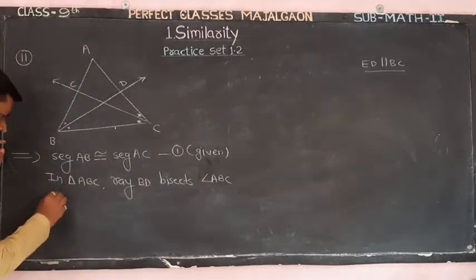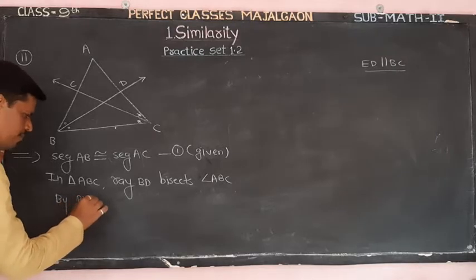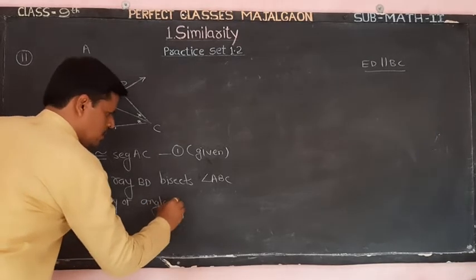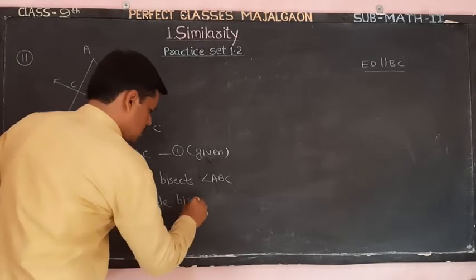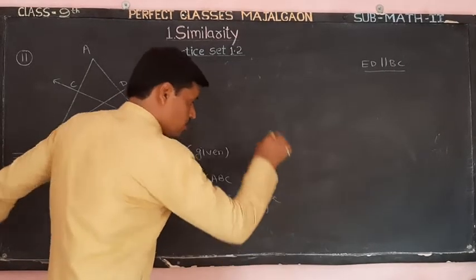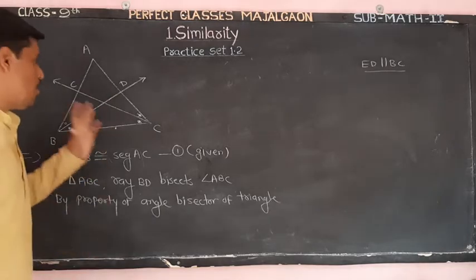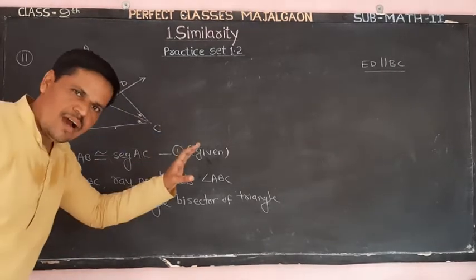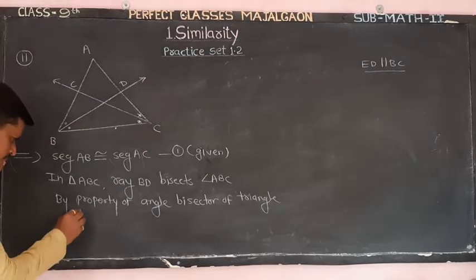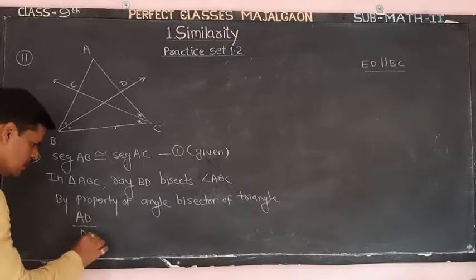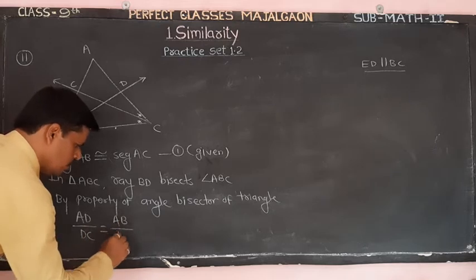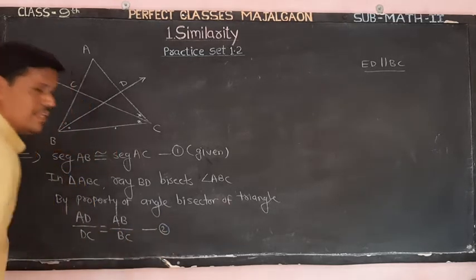Therefore, by property of angle bisector of triangle. Here we use the property of angle bisector of a triangle, and the property is: the angle bisector divides the opposite side to that angle in the ratio of the adjacent sides. Therefore, AD upon DC equals AB upon BC. Name it equation number 2.